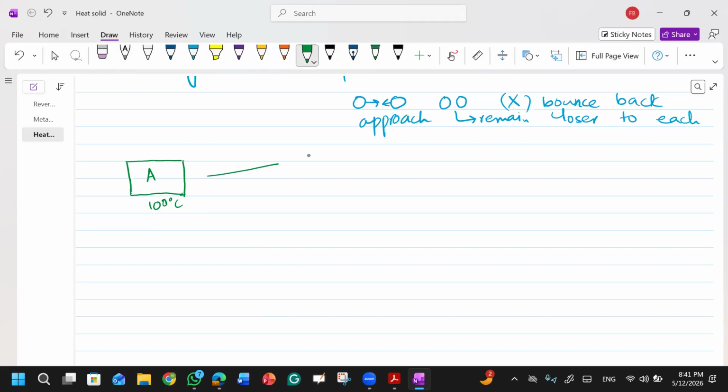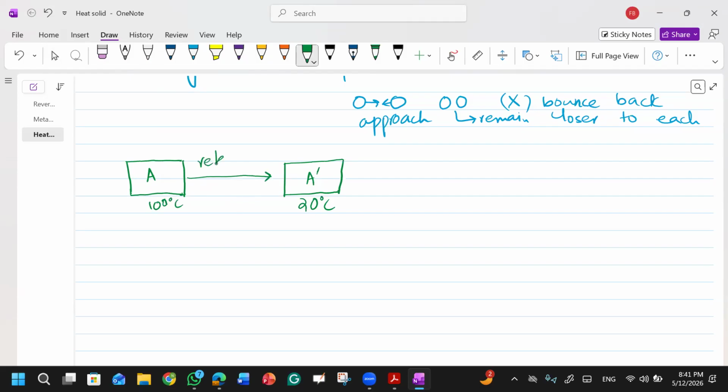And after some time its temperature will decrease to 20 degrees Celsius. Now can you tell me what is happening? Body A is releasing heat or it is absorbing heat? It is releasing heat. This is what I am saying.